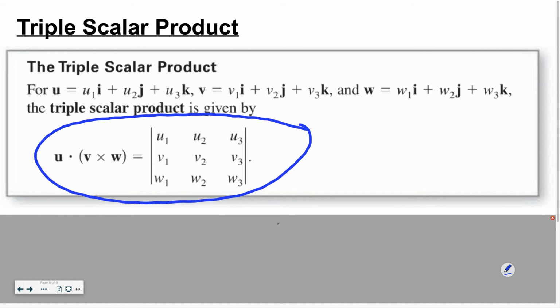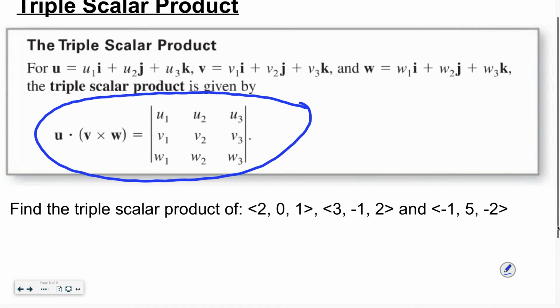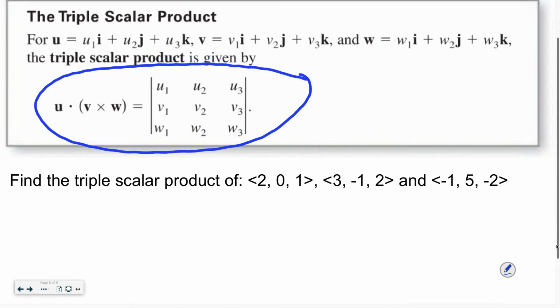So the triple scalar product, just in order, make each of your rows the different components of vectors U, V, and W. Write down these 3 vectors, and this is going to do it for us.